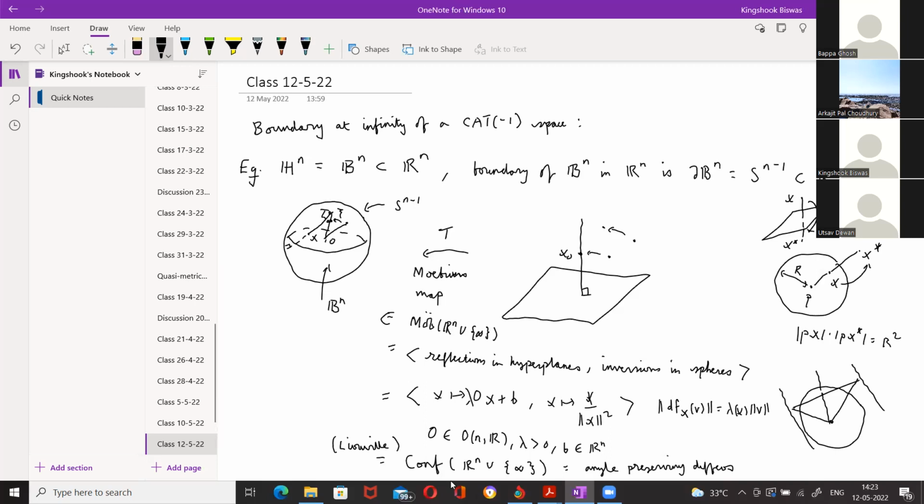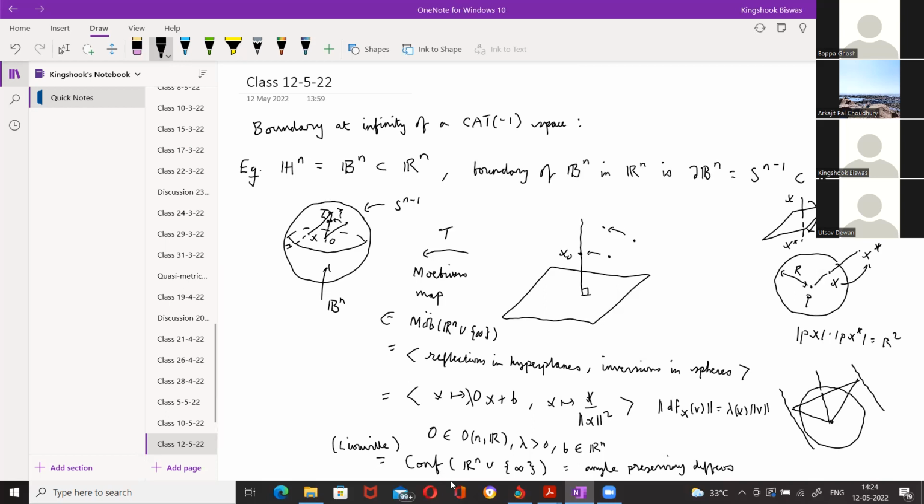In 2 dimensions, we already know this, except you have to be a bit careful. In 2 dimensions, this Mobius group that I'm defining is a bit larger than the usual Mobius group we study in complex analysis, because this includes reflections. So it has orientation reversing maps. So in 2 dimensions, this would be the usual Mobius group, (az+b)/(cz+d), together with the reflection in the real axis, or complex conjugation, z goes to z bar.